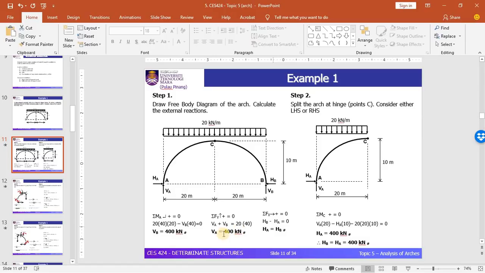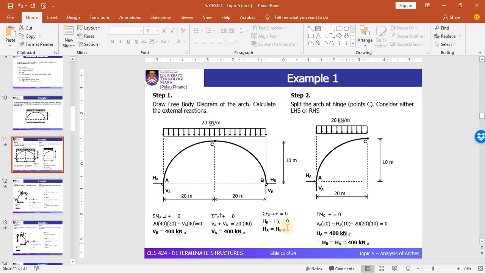So far we have utilized three equilibrium equations. Another equation we need to find by considering either the left hand side or the right hand side of the hinge, specifically referring to point C. Based on this solution, you can see that the left hand side has been chosen, and by taking a moment at the joint C, we can solve for HA, which is equal to 400 Newton.